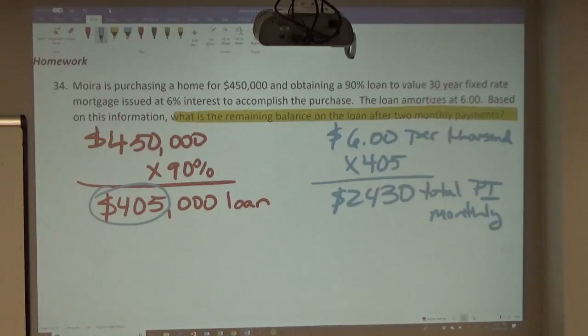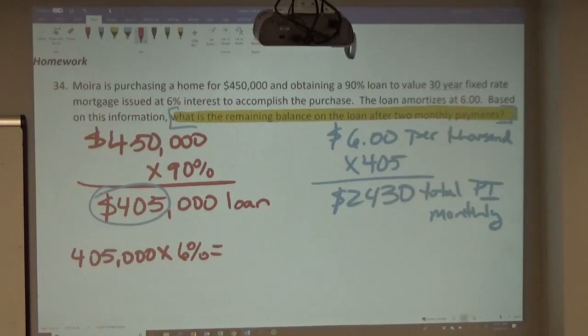Now we go back to the original question: what is the remaining balance on the loan after 2 payments? Well, now we know how much the payments are. We need to know how much of that first payment is going toward principal. The way to do that is to pay the interest first. We're going to start with the loan balance, $405,000 times our interest rate of 6%.